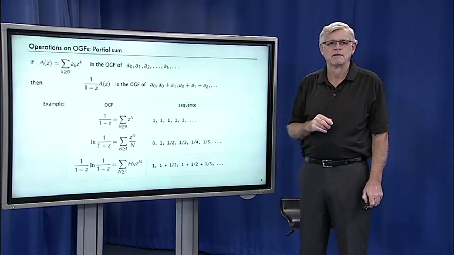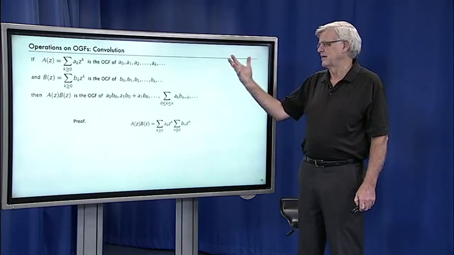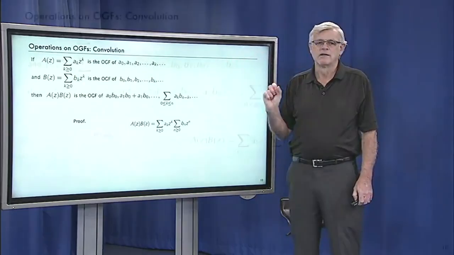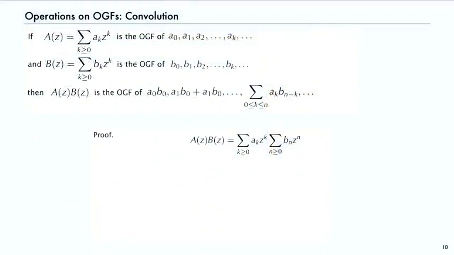And that partial sum idea generalizes to the idea of a convolution. If you have any two generating functions, you can multiply them together and you get the generating function for this convolved product, where the nth term in the sequence is sum for k from 0 to n of a k b n minus k.